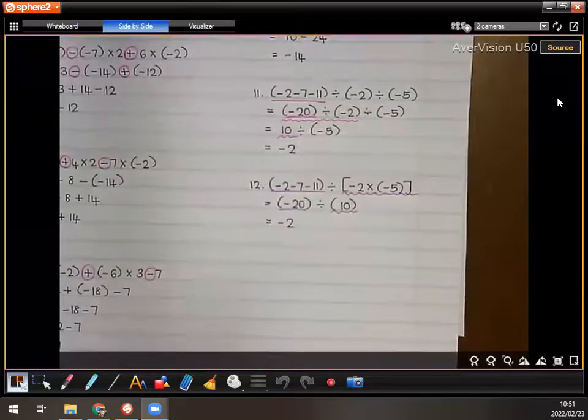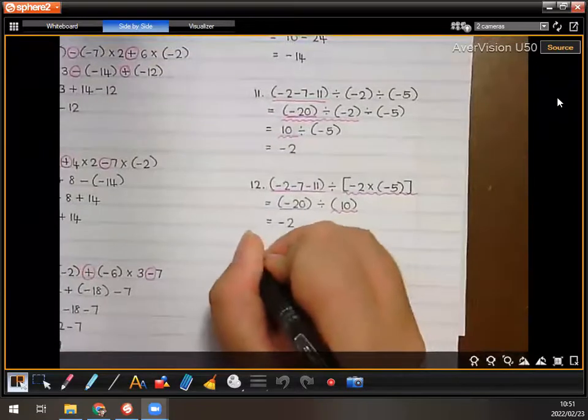Okay. Let's quickly look at one of those where you have lots of different brackets. I'm going to skip ahead and do 29.